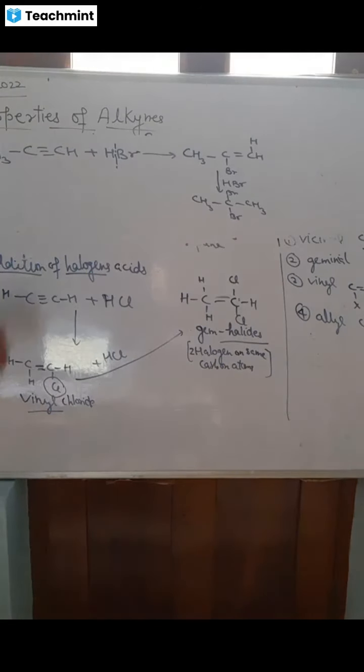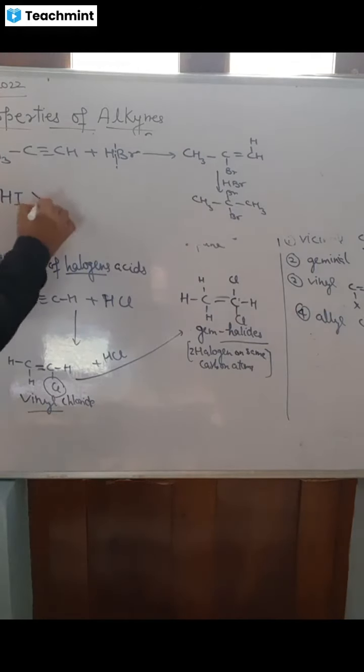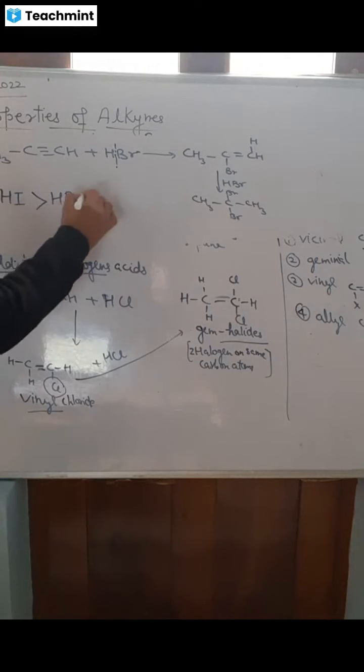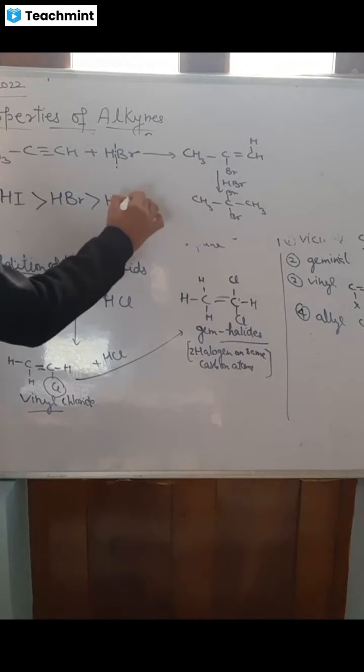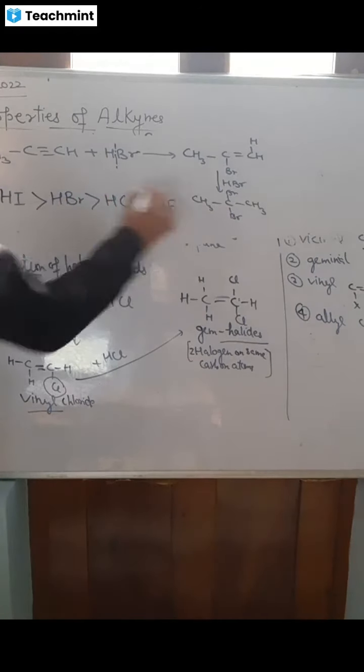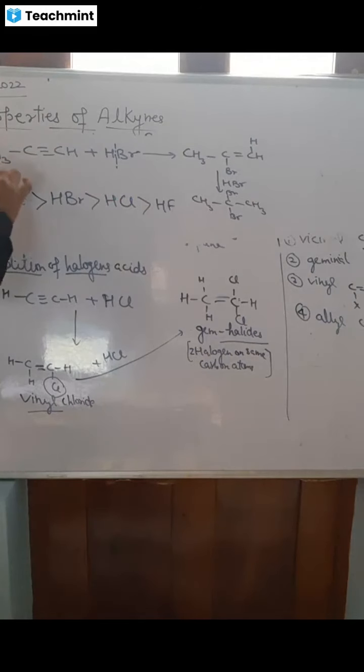Clear beta? The reactivity order is first HI, then HBr, then HCl, and lastly HF.